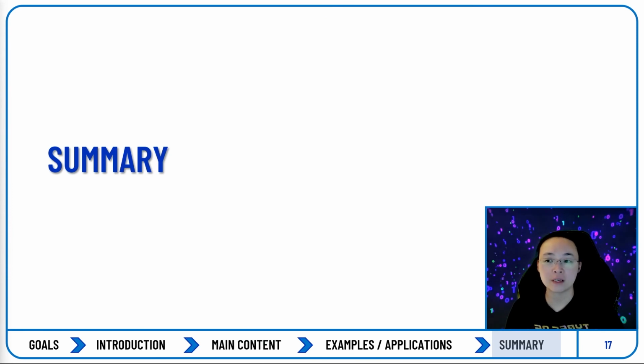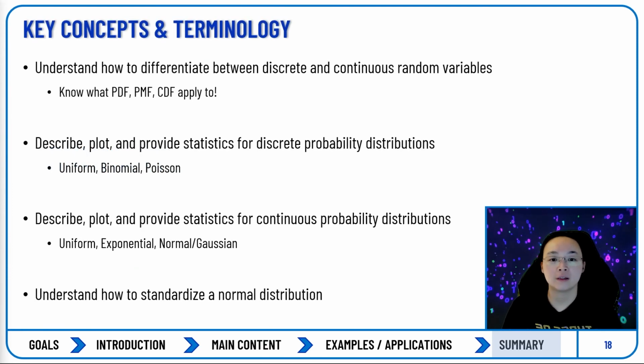So just as a summary, what did we learn? In this chapter, we learned quite a bit of different concepts. We learned how to differentiate between discrete and continuous random variables. We definitely have to know what the difference is between PDF, PMF, and CDF.